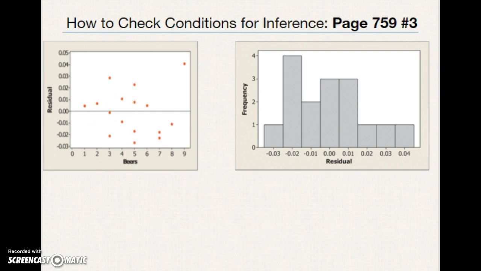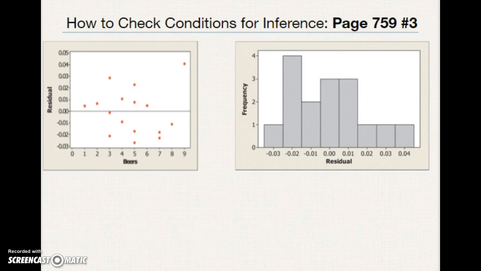Independent. As you were reading the problem, you could do it 2 ways. One way is just knowing that if you knew your friend's blood alcohol content for one subject, that doesn't affect the next person's blood alcohol content. So that's a way of showing or saying that those two values are independent.